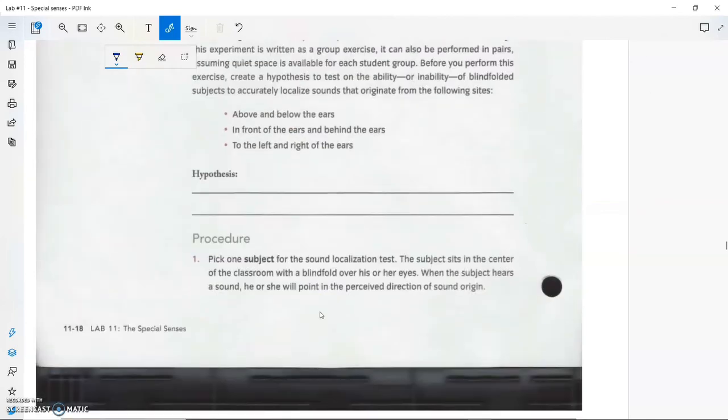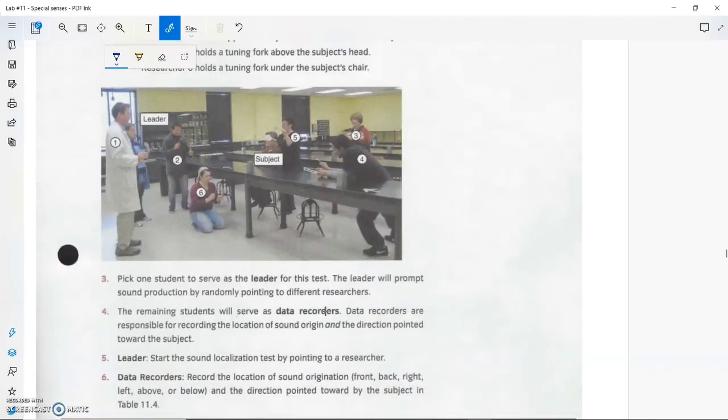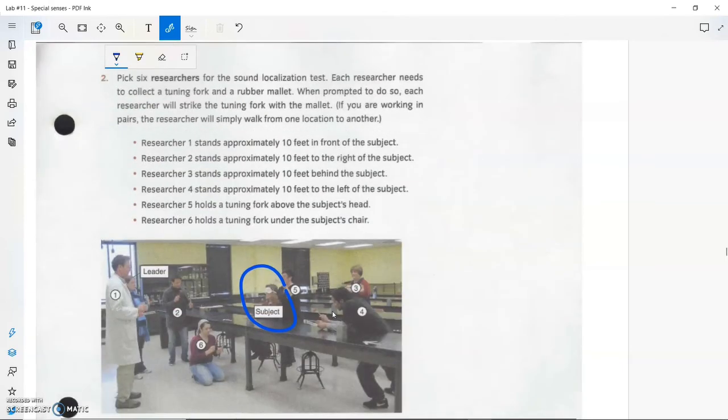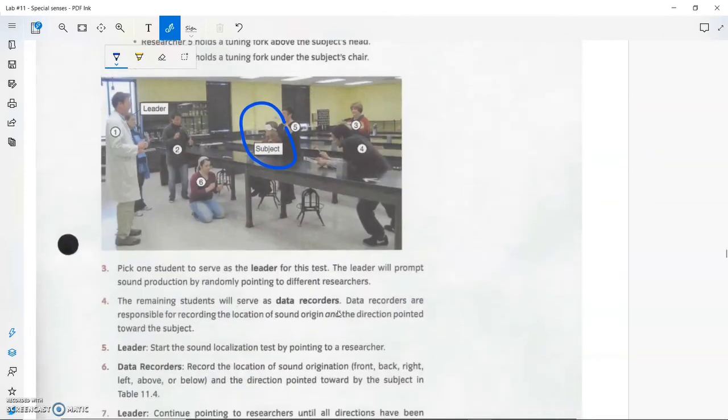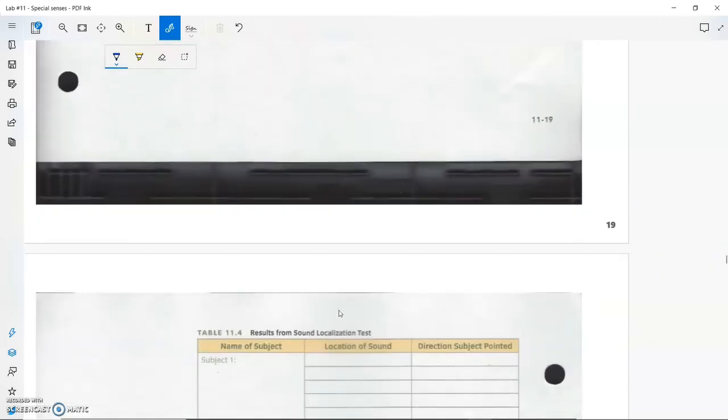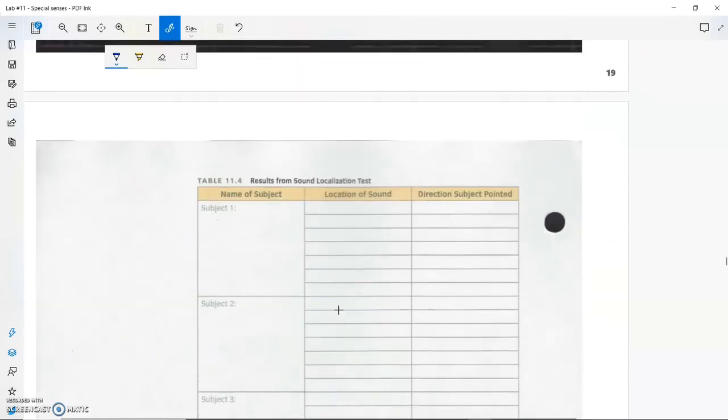So if you would blindfold someone and make sounds for that person from different locations, the person will be able to point at where the sound is coming from.